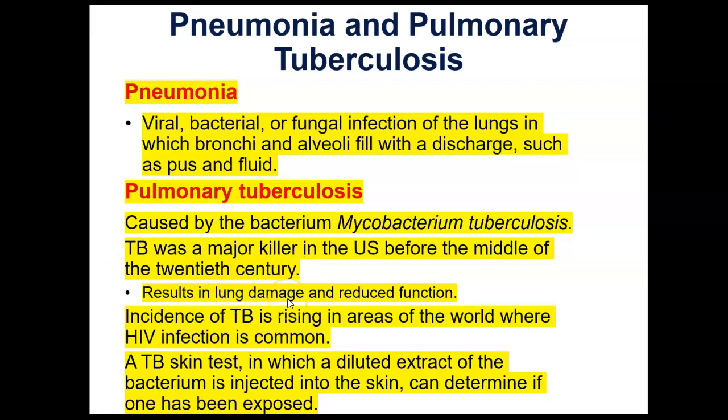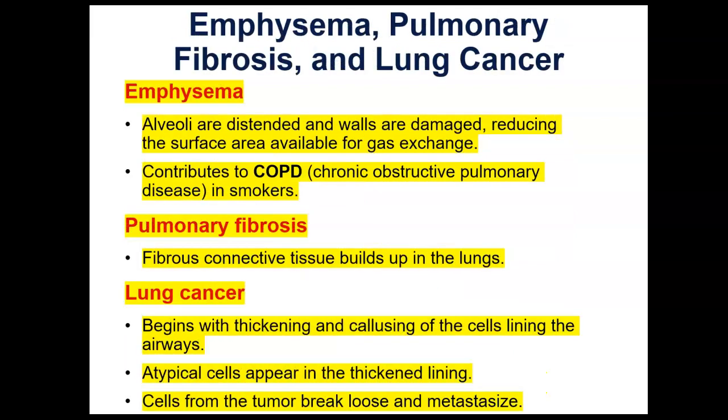It causes lung damage and reduced function. In some areas of the world where HIV infection is common, they're seeing a rise in the incidence of tuberculosis. A tuberculosis skin test can determine if someone has been exposed to TB.